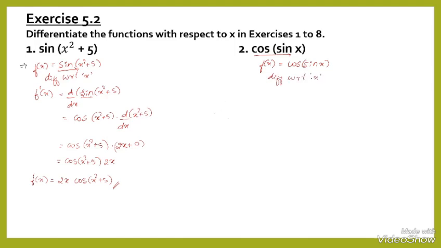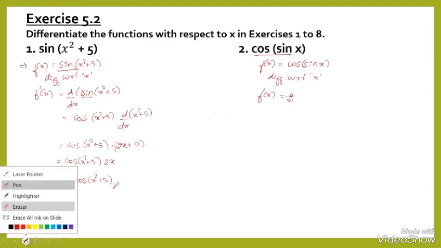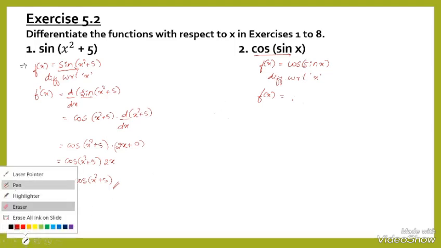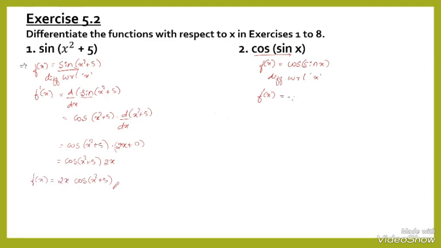Other than x, all the values will be constant. Here f dash of x is equal to the differentiation of cos, that is minus sin. Differentiation of cos x is minus sin x. In front of x we have sin x.